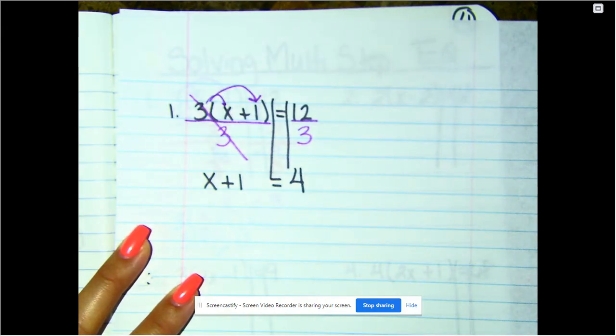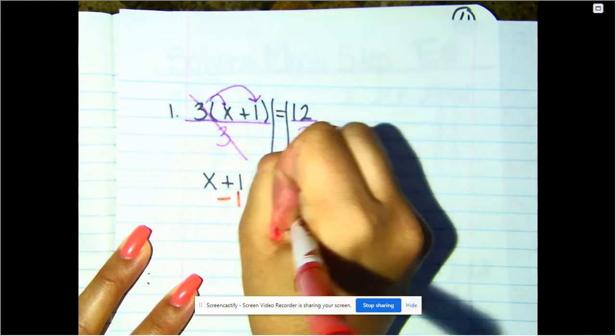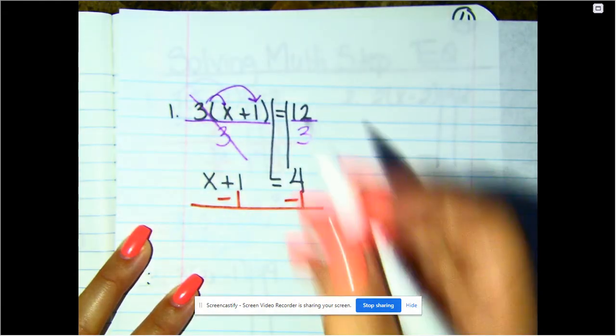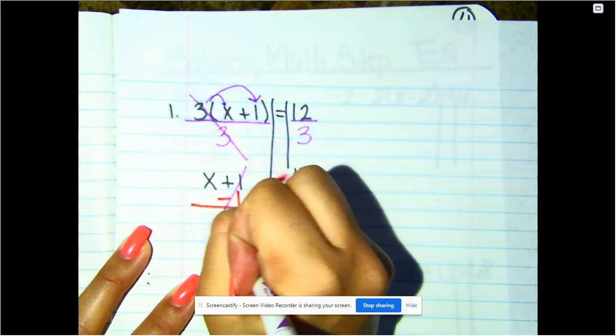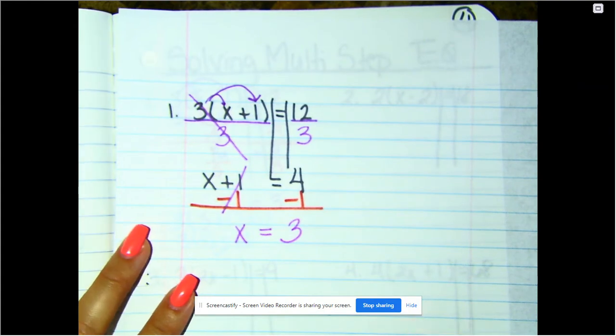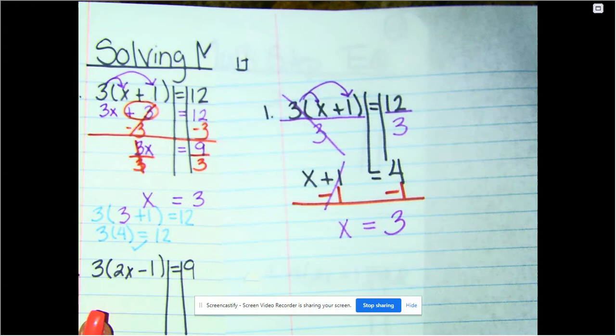Okay, now we have a one-step problem. And the opposite of adding 1 is subtracting 1. And this creates a zero pair, so we're left with x is equal to 3, which is the exact same answer that I got the first time. So here are them side by side.